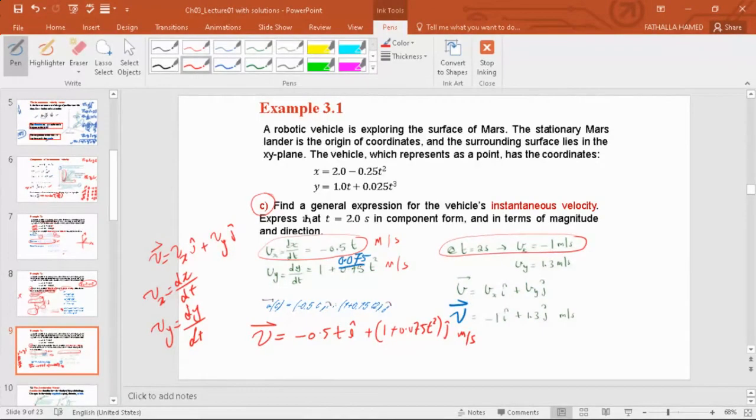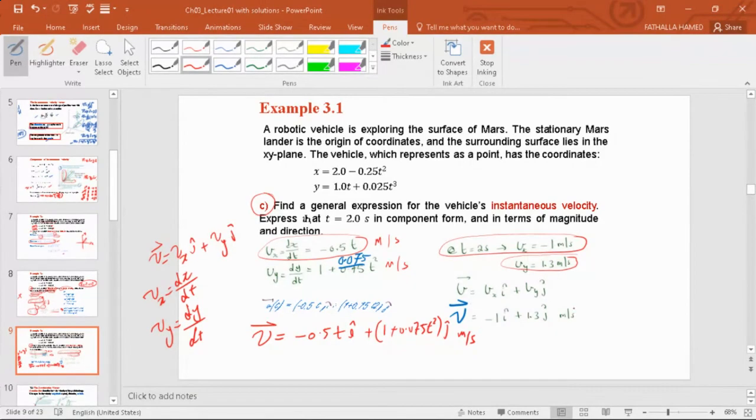At 2 seconds, if you put it in the Vy, 2 squared there will give you 4. 4 times 0.075 will give you 0.3. So 1 plus 0.3, and you get here basically the Vy, which will equal 1.3 meters per second.